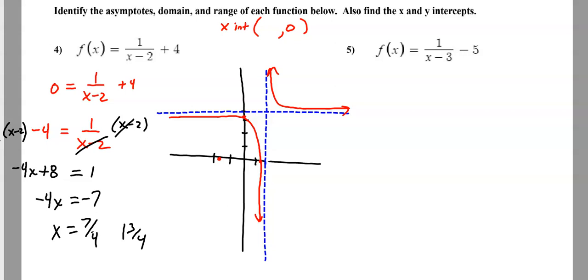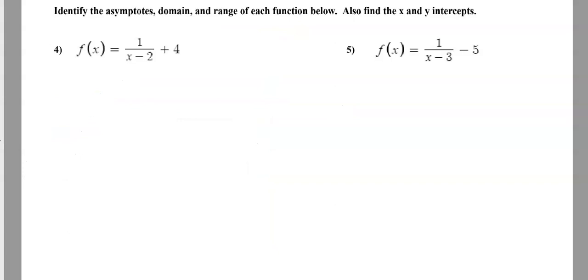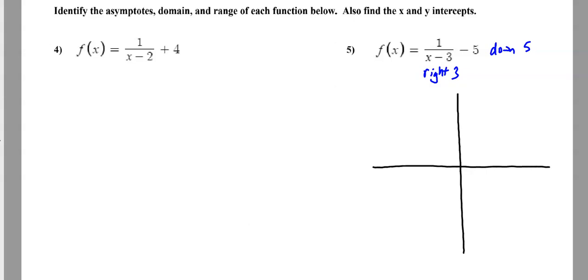So, got everything answered. Let's bump over here to the last one and see what we can do here. Just looking at the transformation, it looks like we need to go right 3 and then down 5. Right 3, down 5.